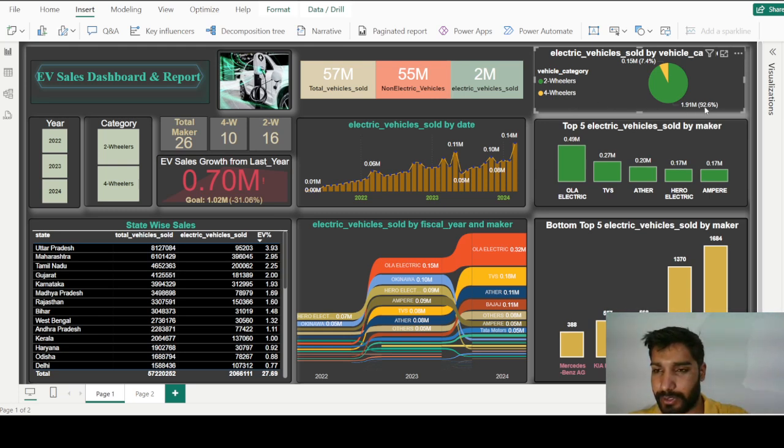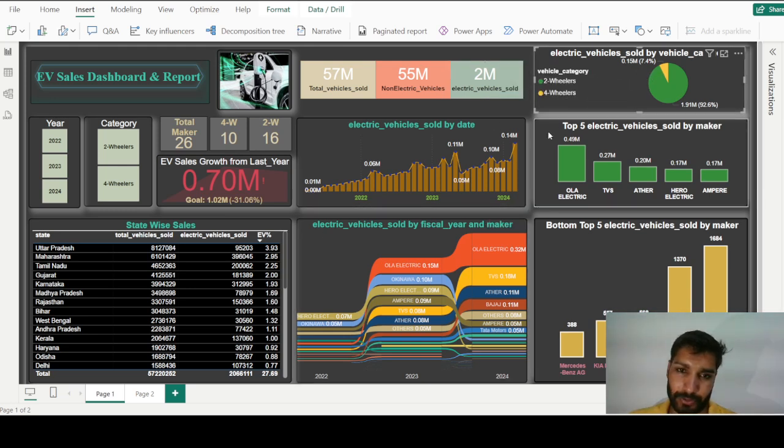This is capturing 92% of the market in electric vehicles, and in four-wheeler, only 0.15 million, 7.4% of the market. This is only about electric vehicles, from about 2 million total electric vehicle sales: 1.9 million is two-wheeler, and 0.15 million is four-wheeler.